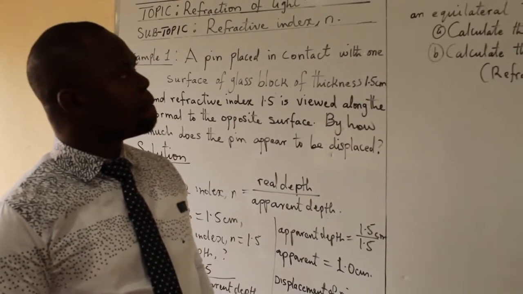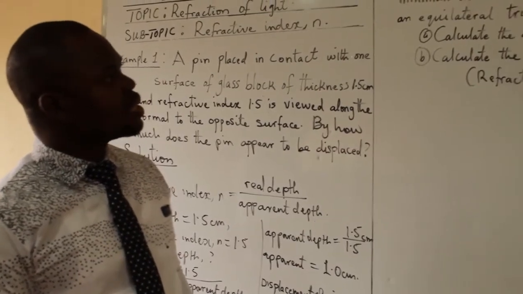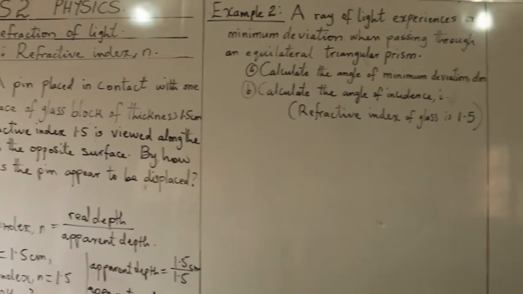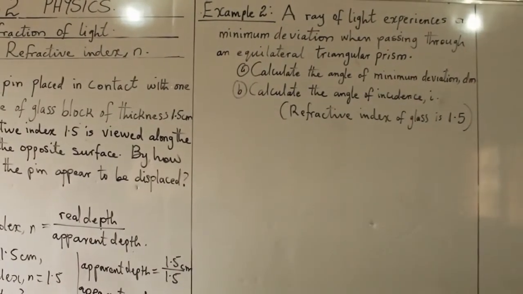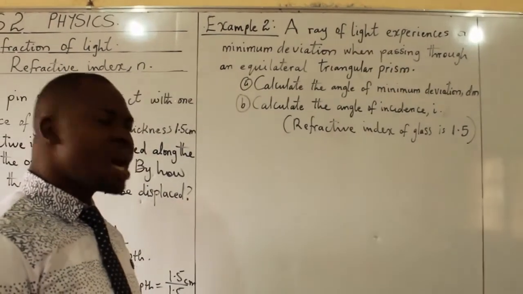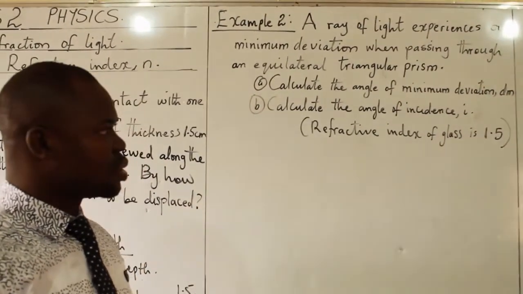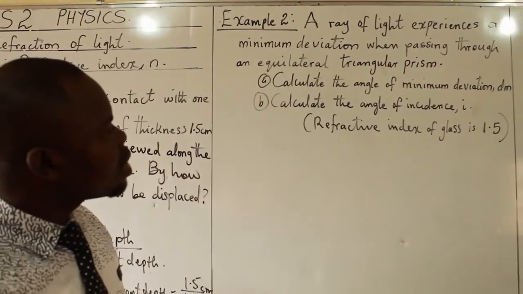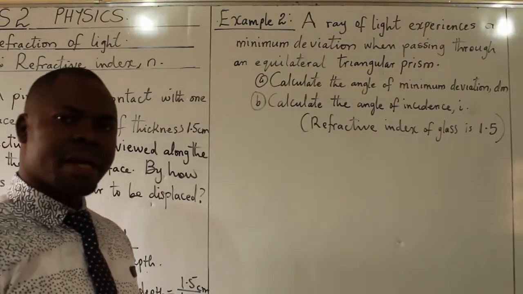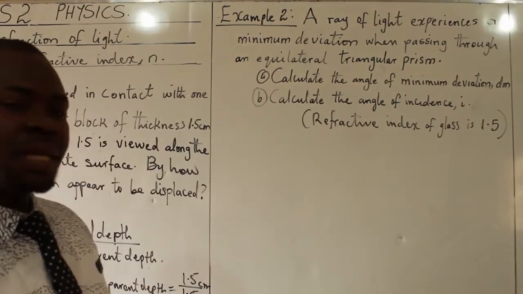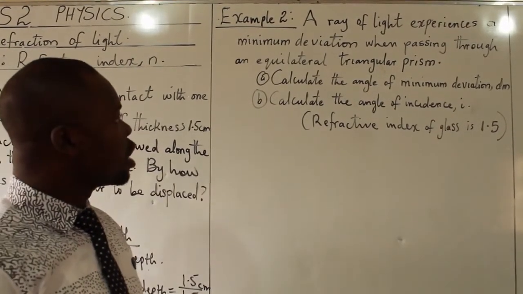Example 2. A ray of light experiences a minimum deviation when passing through an equilateral triangular prism. A. Calculate the angle of minimum deviation, dm. B. Calculate the angle of incidence, i. Let me take the question once again.